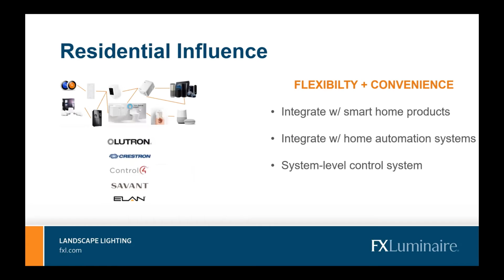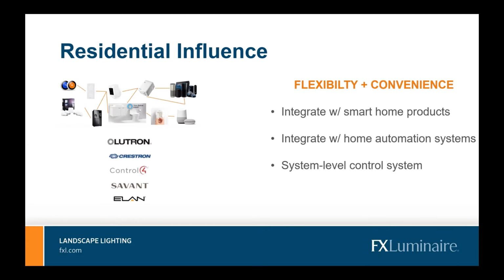So once again, the influence from the residential side would be flexibility and convenience. We have to make sure that whatever product we produce is going to integrate well with many different smart home products. We also need to make sure that it integrates with home automation systems. Not everybody that has smart home products wants to use individual apps.